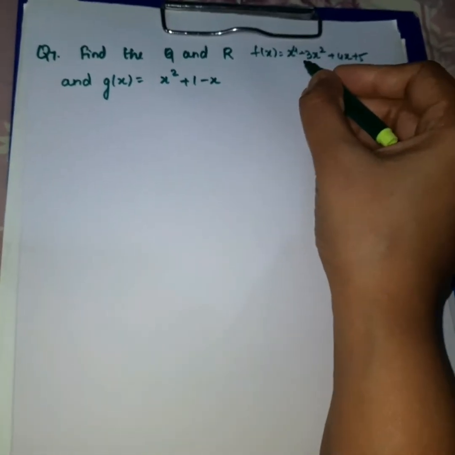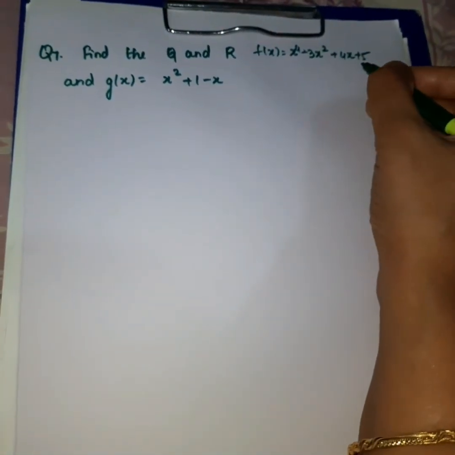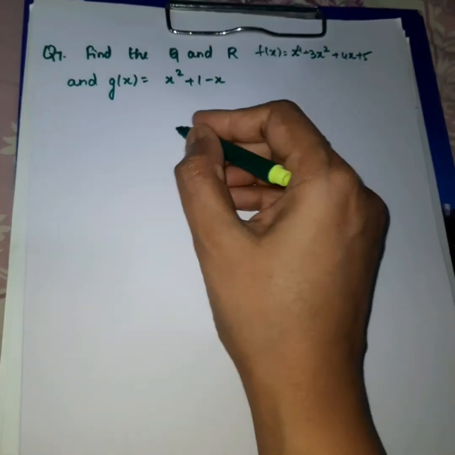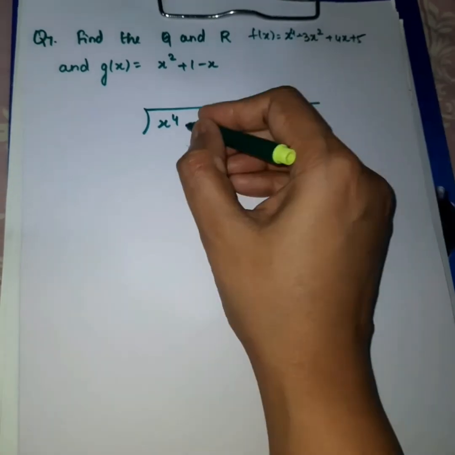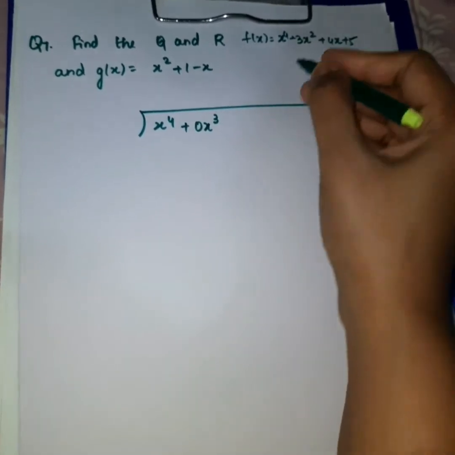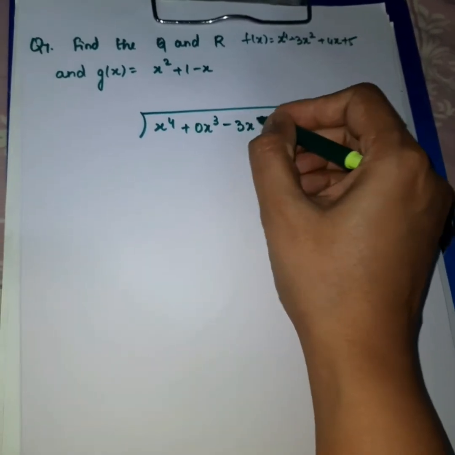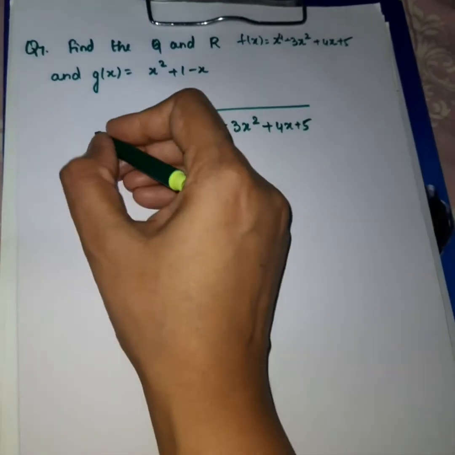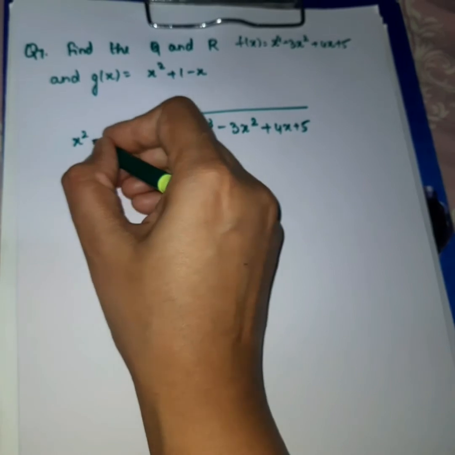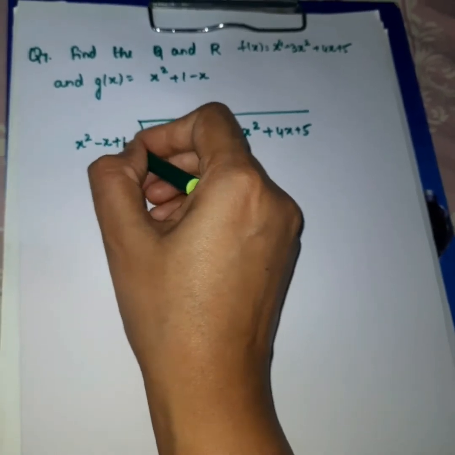Next, question 7, again we need to get the quotient and remainder for the given polynomials. Here if you see, the x cube term is not there, so just keep it as 0x cube minus 3x square plus 4x plus 5, and the divisor is x square minus x plus 1.